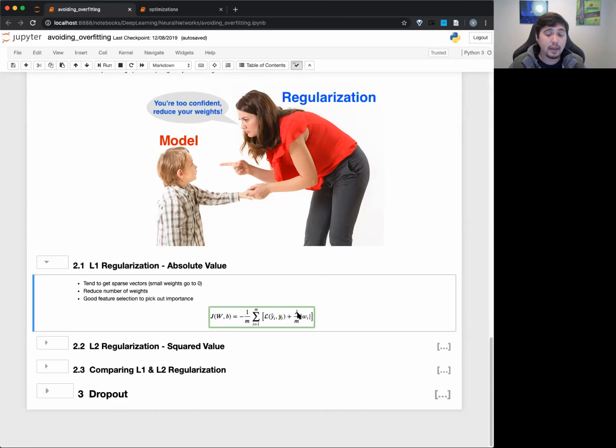However, we add our regularization term. Note this is lambda right here. Lambda is a factor of how much we regularize. The larger lambda is, the more it'll be regularized. Then we have our weights right here. If you're really, really confident, we're actually going to punish you overall, because remember, we're trying to minimize this cost function.